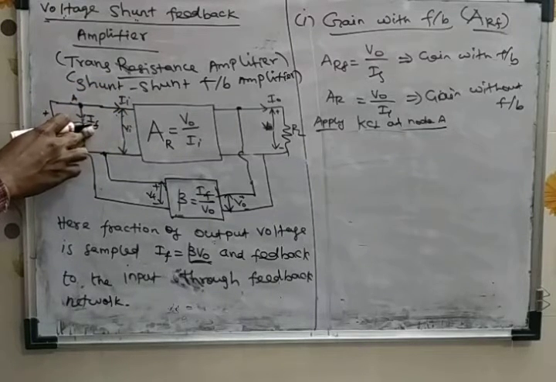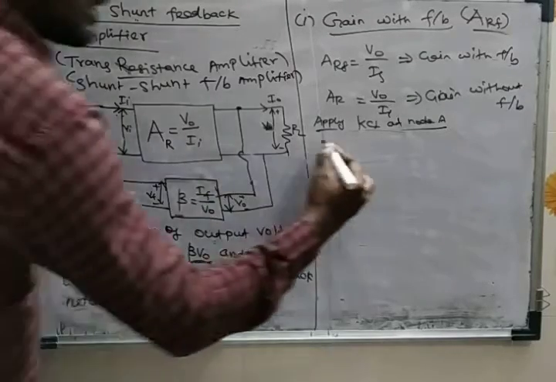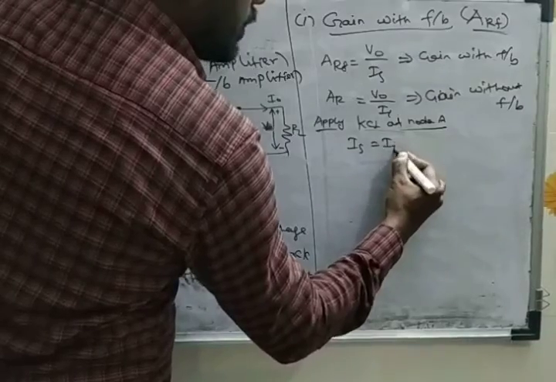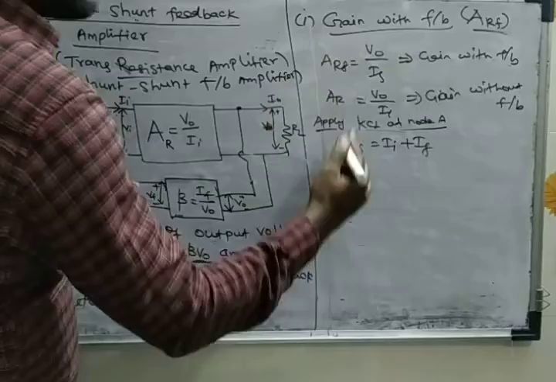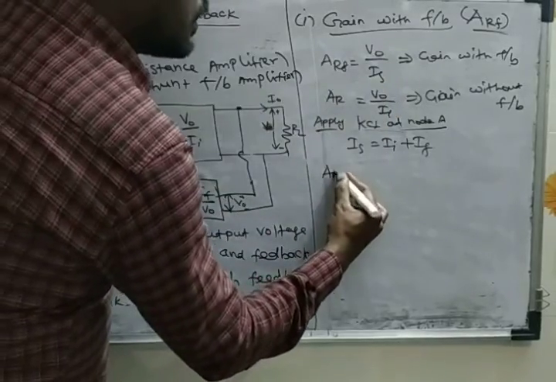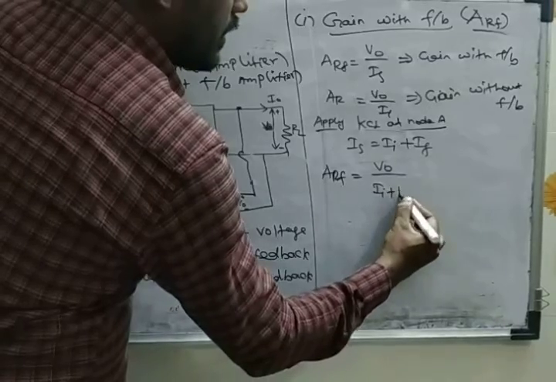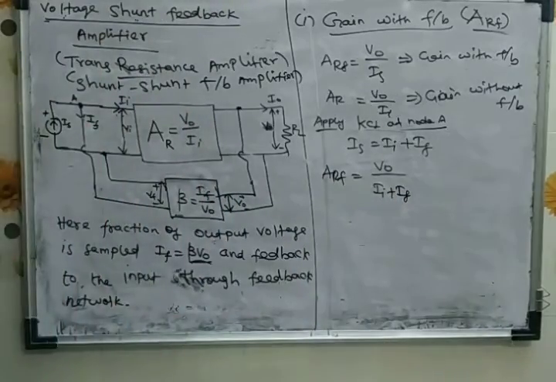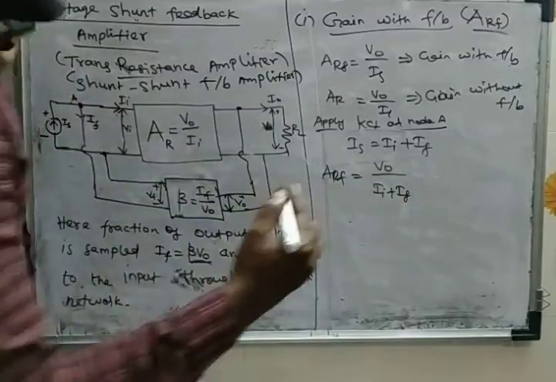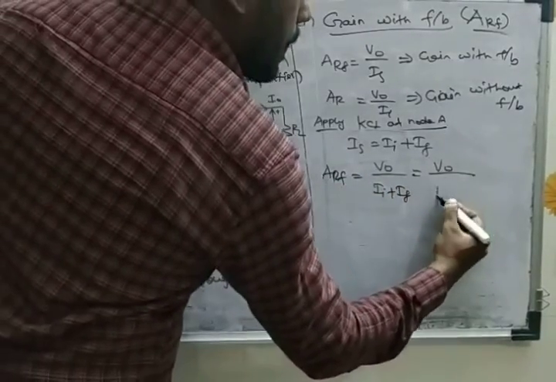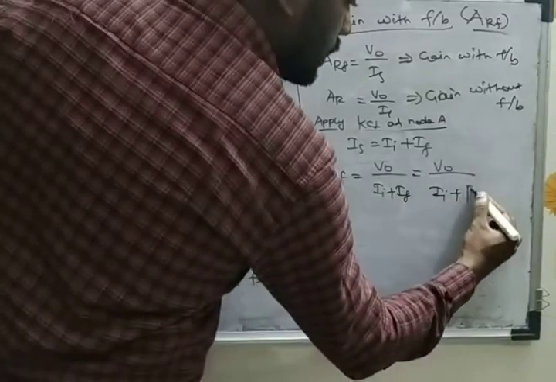According to Kirchhoff's current law, incoming current is equal to outgoing current. So IS is equal to IA plus IF.